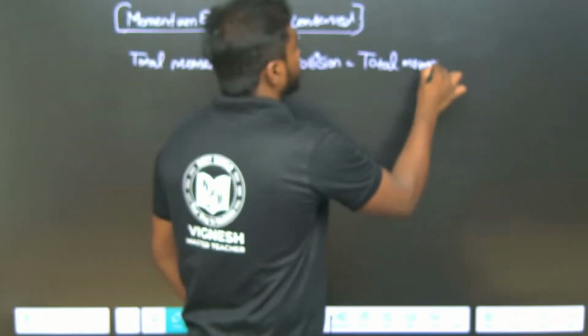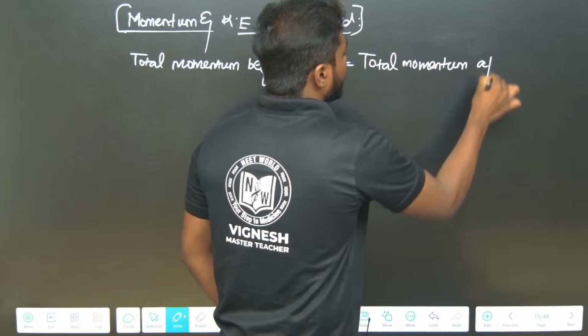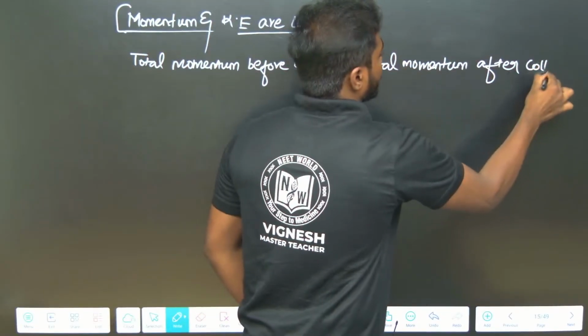First one is total momentum before collision should be equal to total momentum after collision. The meaning of conserved is that whatever is before collision should be equal to after collision, right? So total momentum before collision equals total momentum after collision.